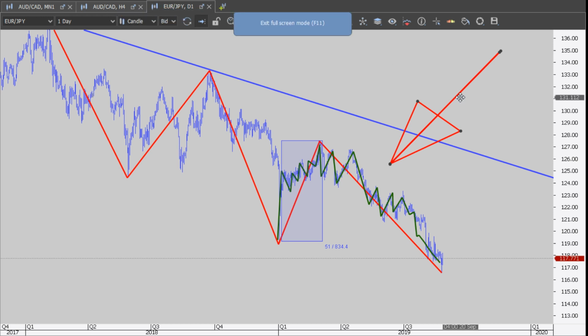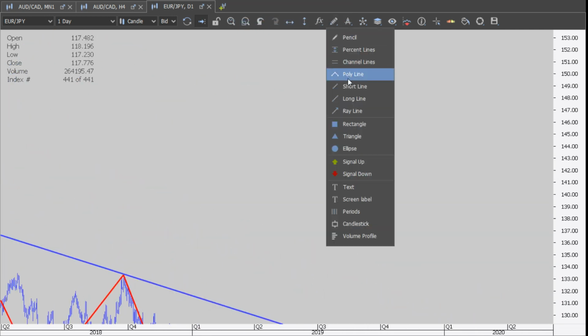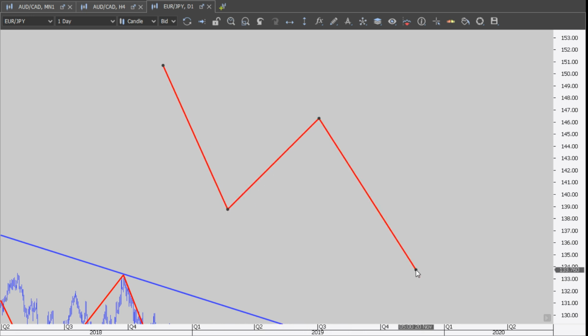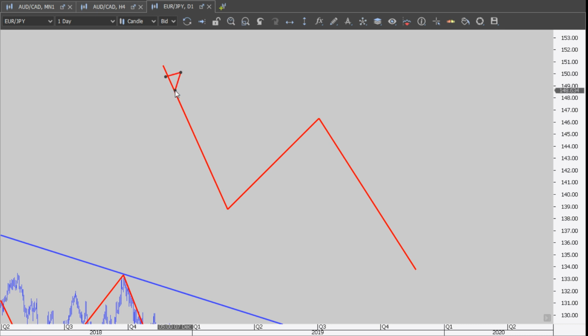Okay, Joshua, when you have extension, retracement, extension, how do you know when the retracement is over? You are going to see short-term trends, and you are going to see that the market is going to change the short-term trends.